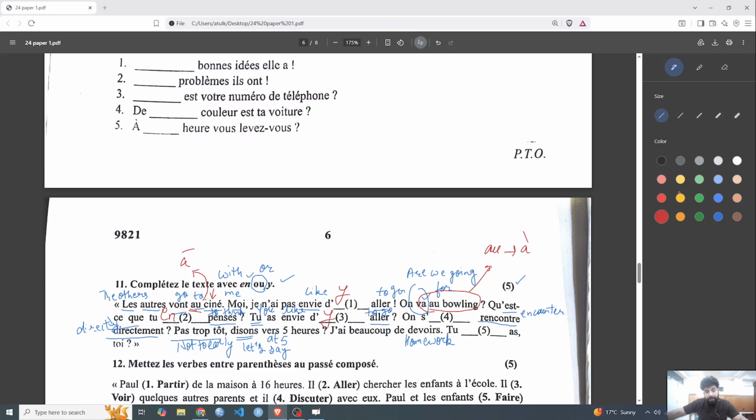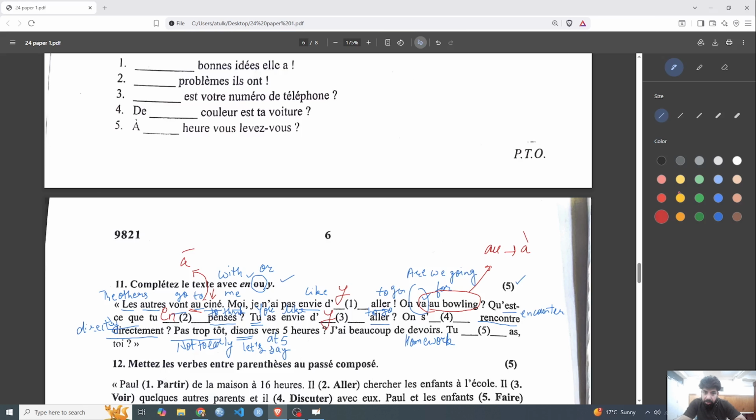Okay. Then it says "où se rencontre-t-on". So it is basically talking about where will you meet me up, at what place. It is not saying at what place you are coming from, but rather at what place you will meet me.